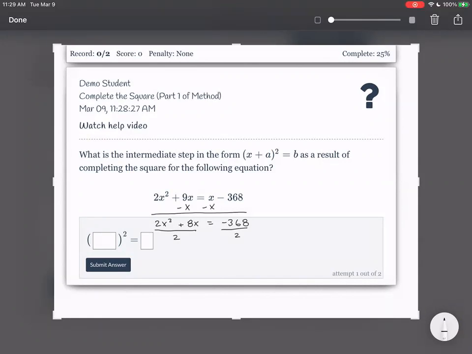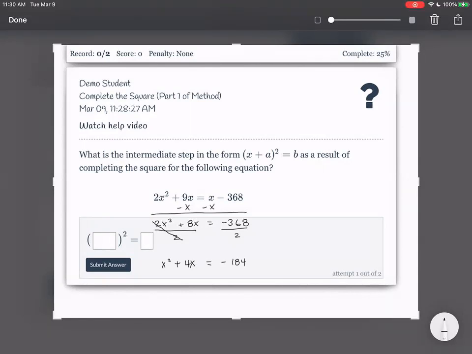And so this becomes x squared because the 2 and the 2 cancel out. And then the 8 divided by 2 gives me 4x. So x squared plus 4x equals negative 368 divided by 2, which gives us negative 184. So everything got divided by 2.